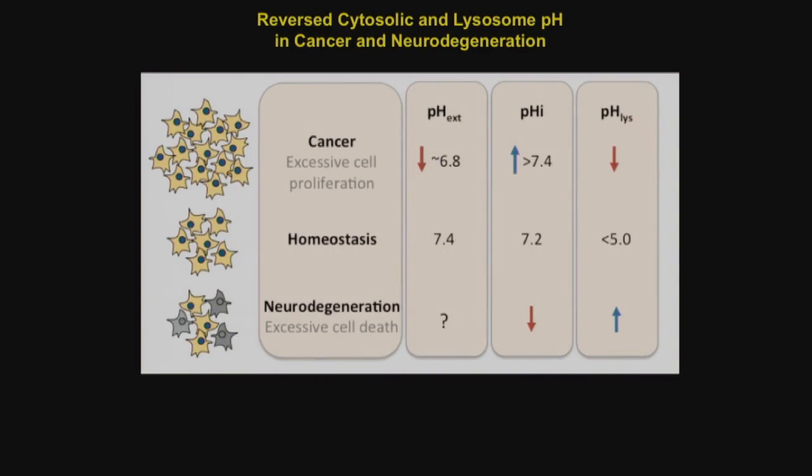With regard to the topic of today's symposium, there is a reversed cytosolic and lysosomal pH when comparing cancer versus neurodegeneration. As you've heard, the term homeostasis over and over again.